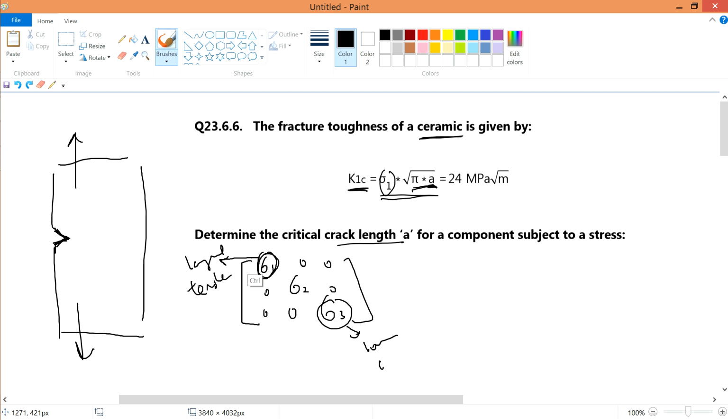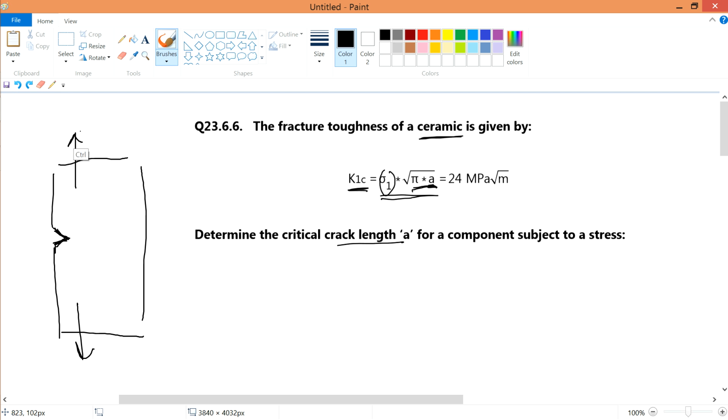To talk about the tensile stress and the largest stress, you're going to talk about this portion over here, trying to pull or rip this crack apart. And therefore, we talk about sigma 1 as this portion over here, multiplied by an equation, the square root of pi times the crack length a.